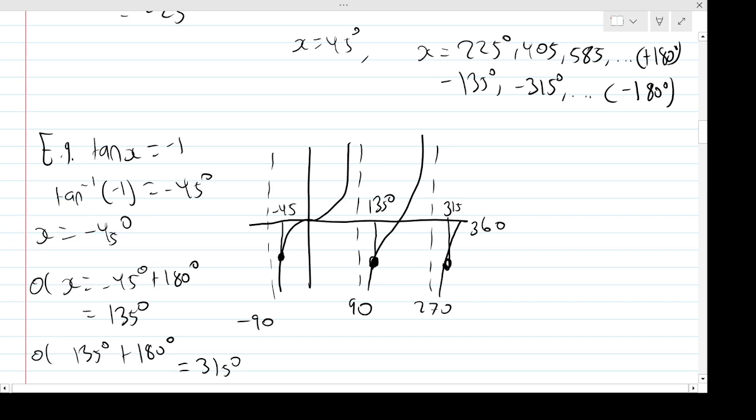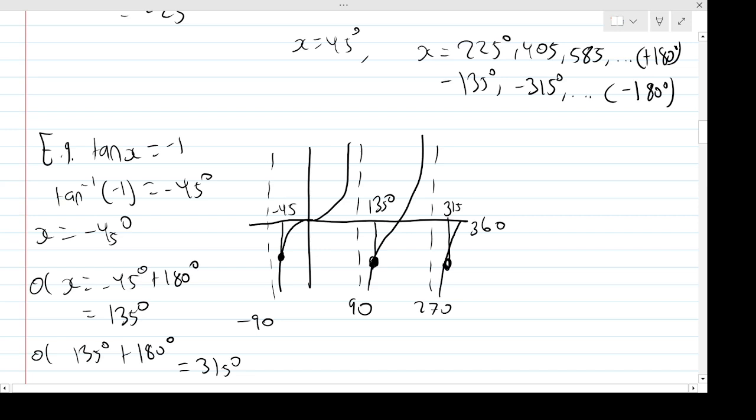Every example will basically boil down to one of these 6 cases. So hopefully you understand how we use the graphs to first look at the symmetry, to find the 2 solutions, and then we can find more solutions by adding 360 or 180, or taking it away, because the graphs repeat themselves, okay?